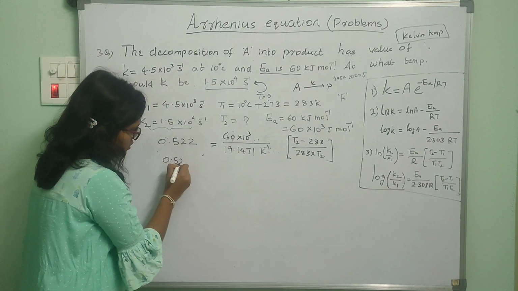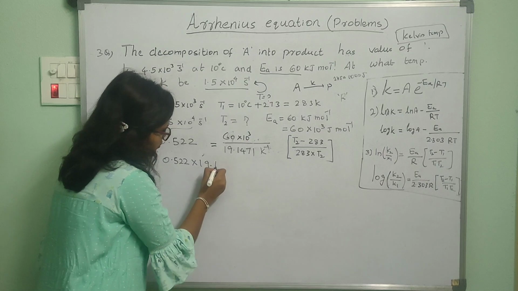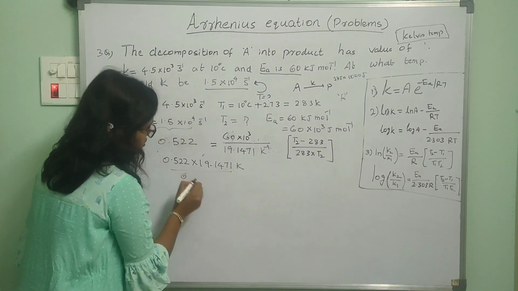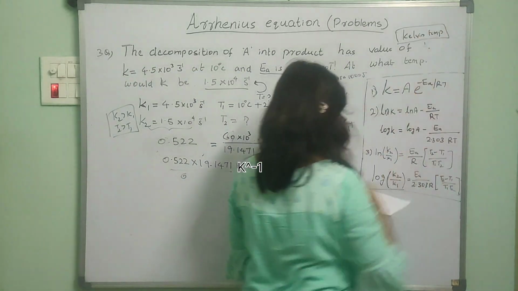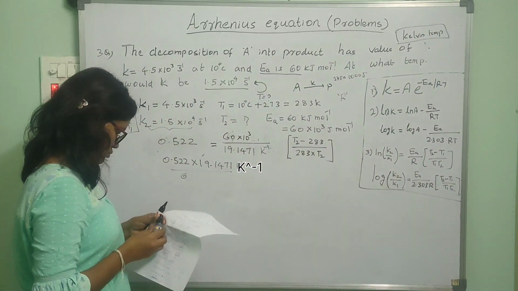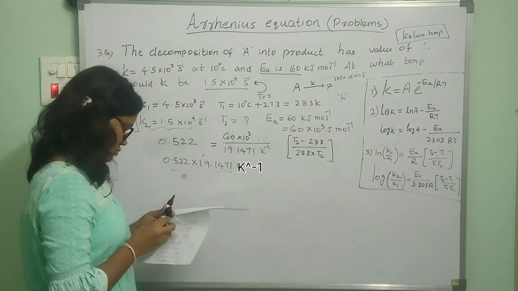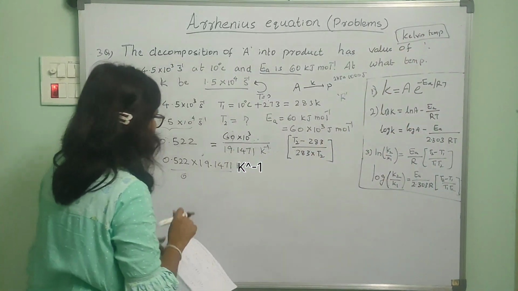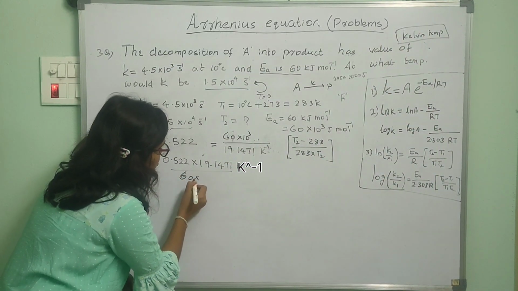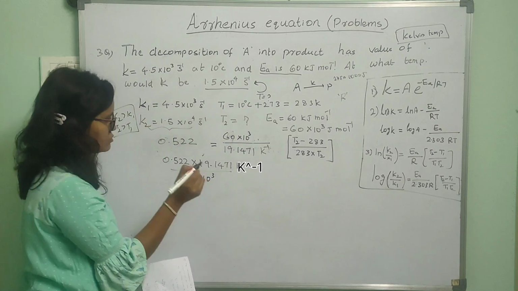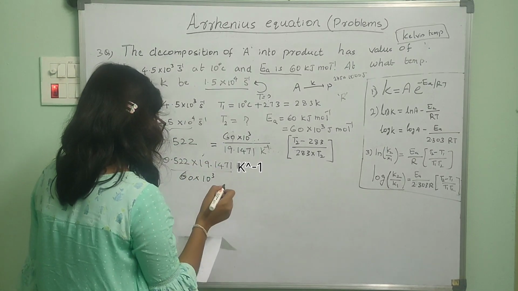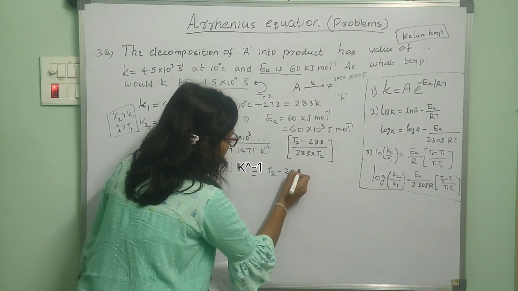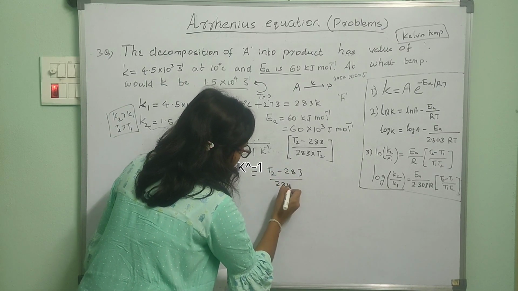So here it becomes 19.1471 Kelvin by 60 into 10 cube. So on this side you have T2 minus 283 by 283 T2.